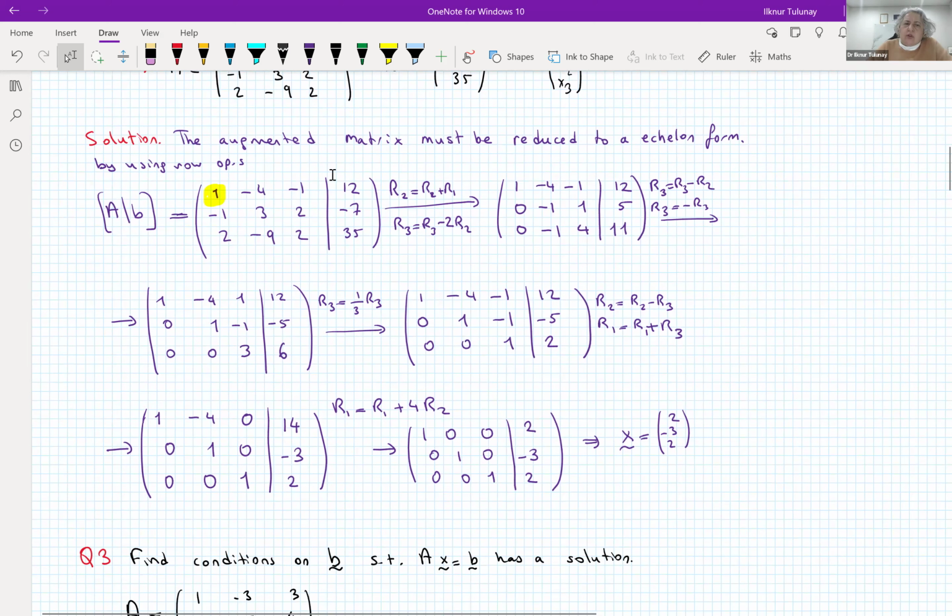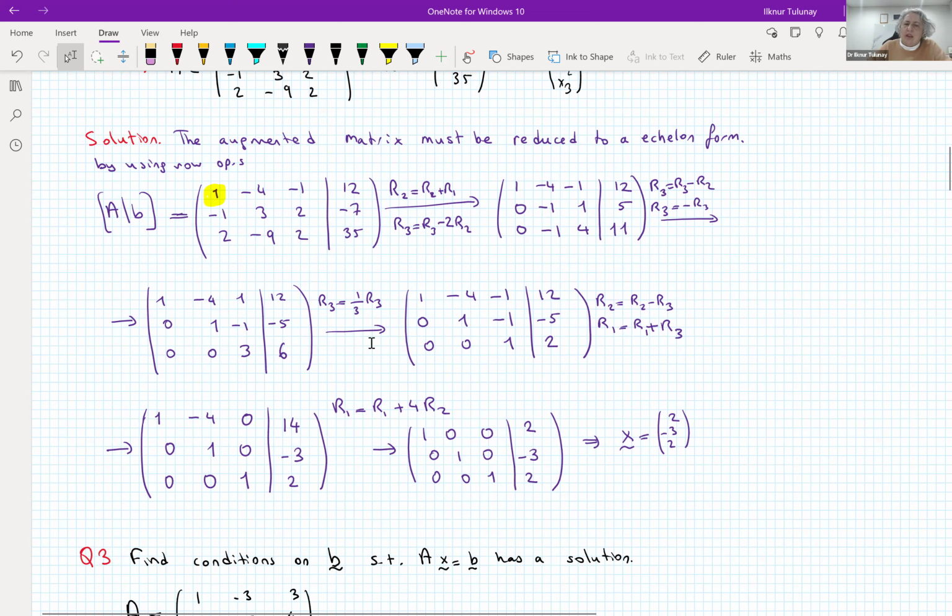Okay, what is the reduced row echelon form and how can we produce it? The idea is to find a kind of identity, an identity matrix. We would like to find this kind of matrix, or in a corner if you have larger matrices or anything, you want to find this kind of structure as much as you can.